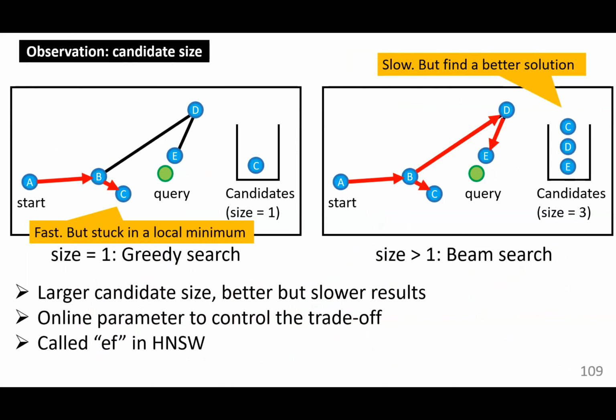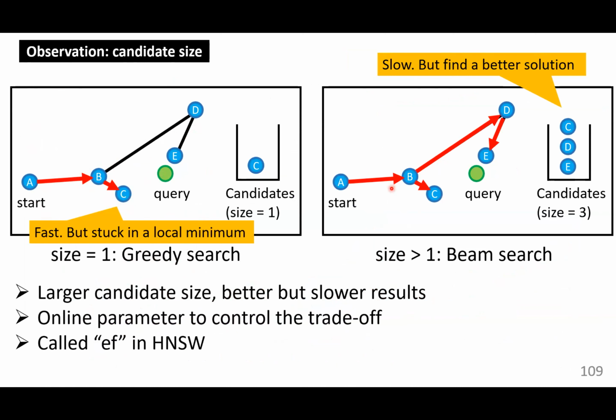The next one is the candidate size. Someone asked me already. The candidate size is an important factor. If size equals 1, that's greedy search. Let's consider this graph. If size equals 1, the search just hits a dead end and we are stuck here at a local minimum. It's fast but not accurate.